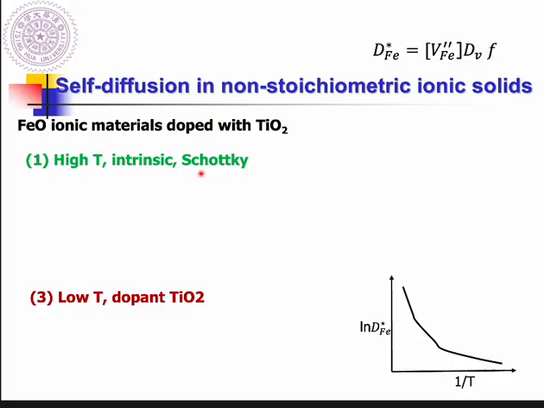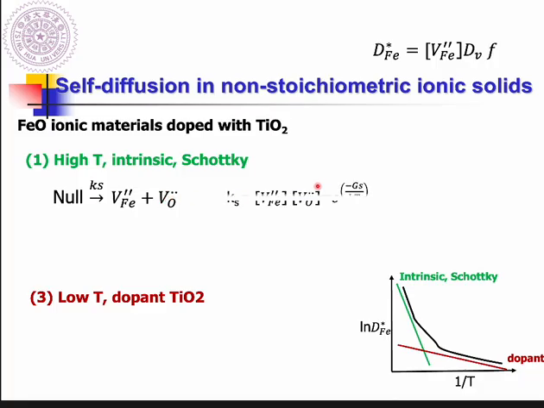As you know, we always form a pair of vacancies, VFE and VO. This times this equals the exponential of the Schottky defect formation Gibbs free energy, and this equals this. So VFE we will write down here.